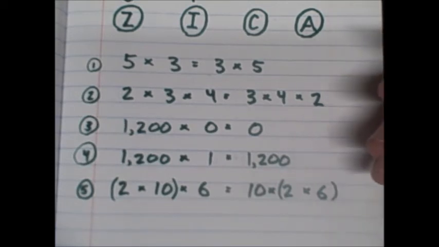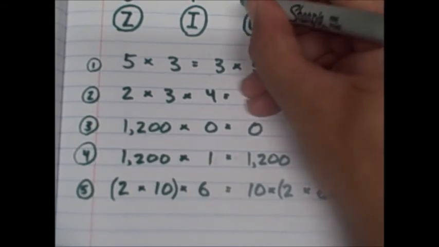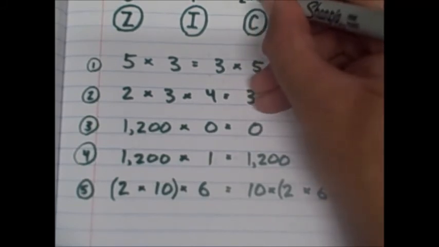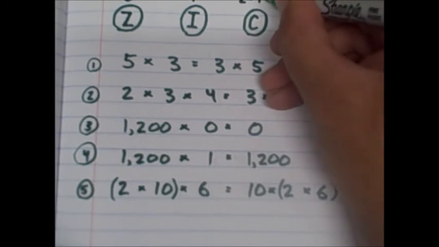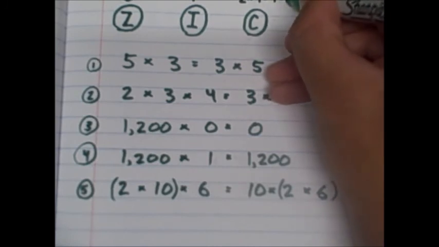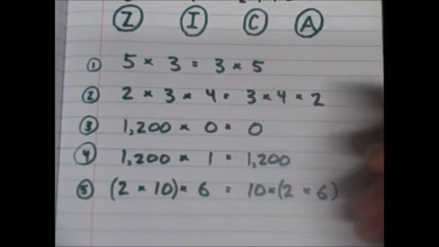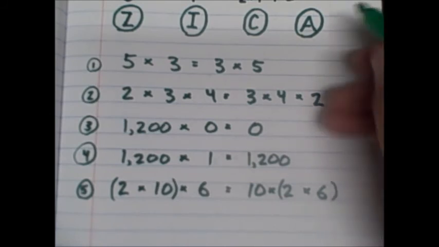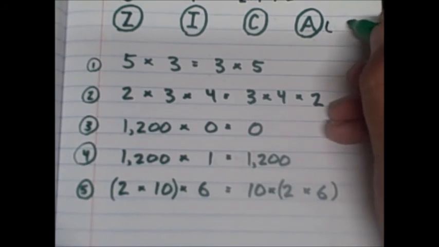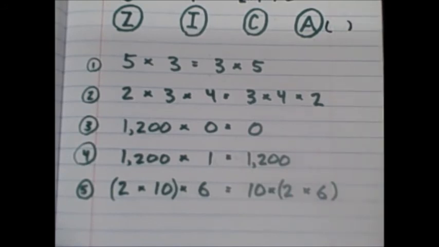The commutative property is usually going to have 2 factors. And then the associative property, we are talking about grouping. So the associative property, usually you're going to look for parentheses or more than two factors.